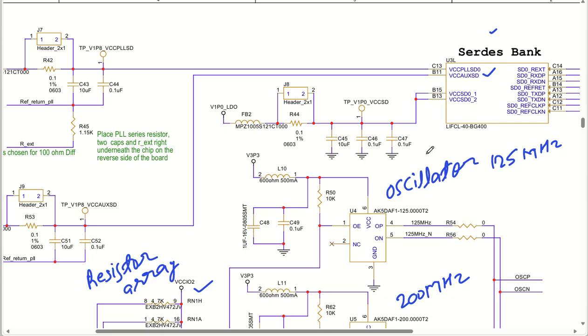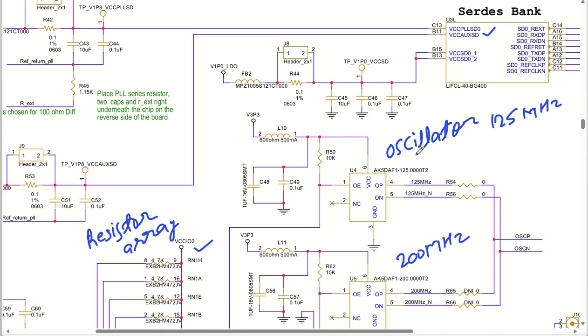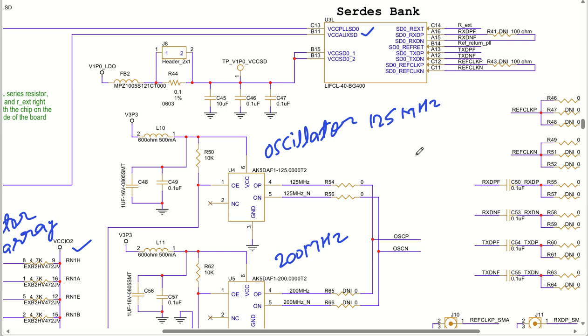Then you can see we have serializer, deserializer lines, and they are connected to our external reference clock PLL, and then TXD PF, TXD NF, that is positive and negative differential lines. And these lines are actually loopbacked, like reference clock P, reference clock N, and similar to that, RXD PF and RXD NF.